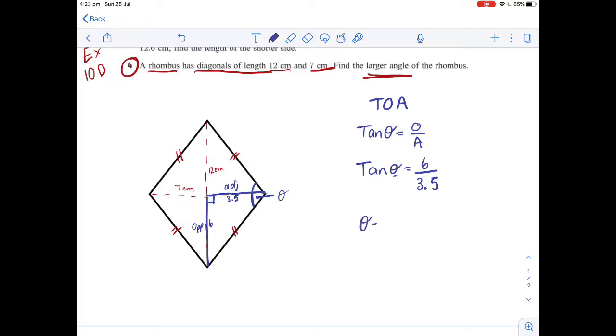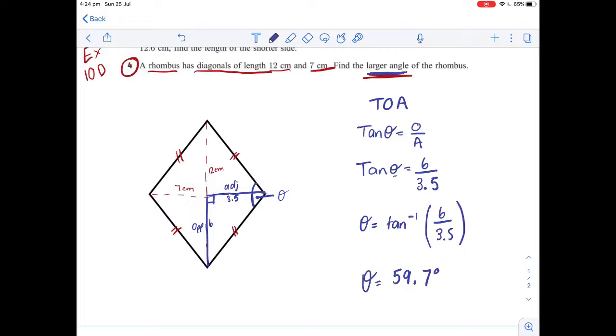So theta becomes tan to the minus 1 brackets 6 over 3.5, and I get 59.7 degrees.